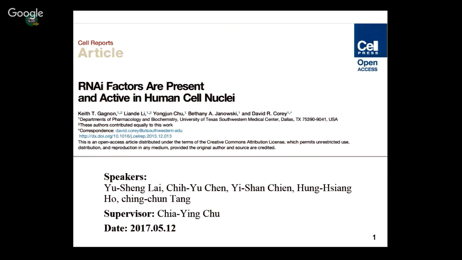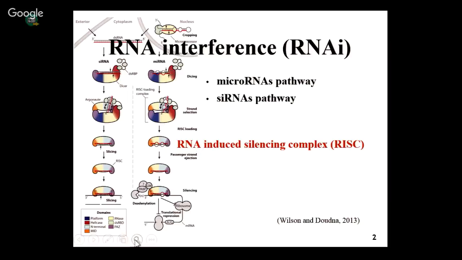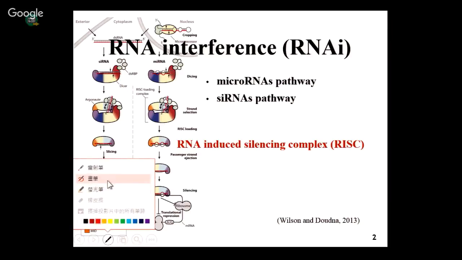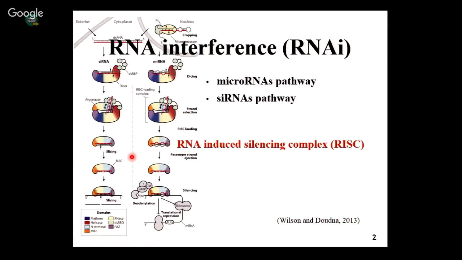Yes, thanks for Professor Zhu's introduction. Today we're going to talk about how RNAi factors are present and active in human cell nuclei. In cytoplasmic RNA interference, there are 2 well-known pathways: the microRNA pathway and the siRNA pathway.